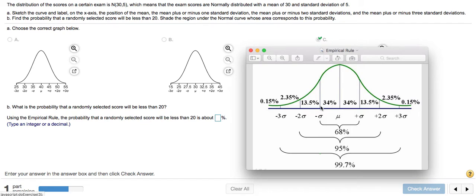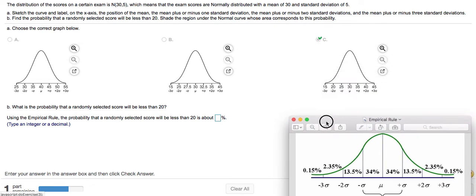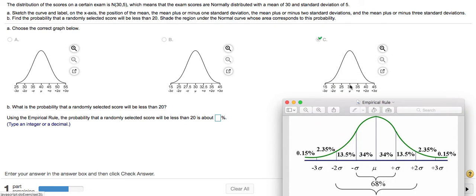So if you're within one standard deviation of the middle, that's 68% of the data, 34% on the left and 34% on the right. We're asking about being, let's see, okay, so we are 1, 2. We are 2 standard deviations away from the middle going in this direction.